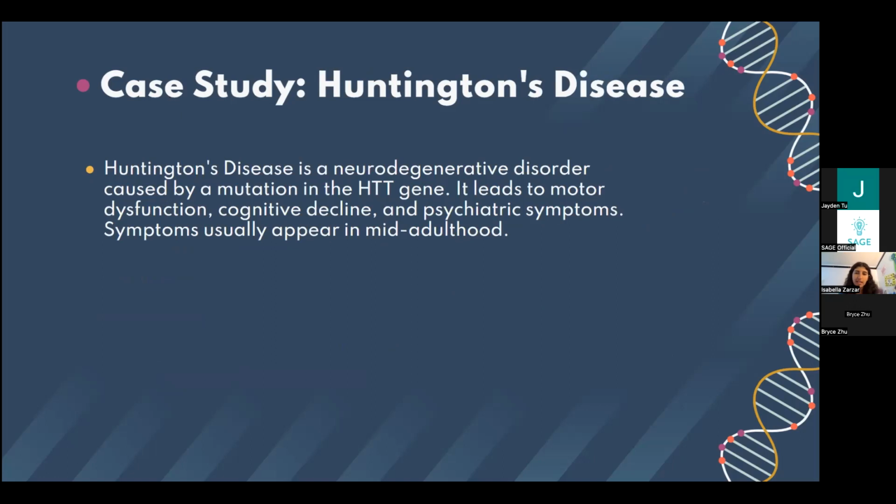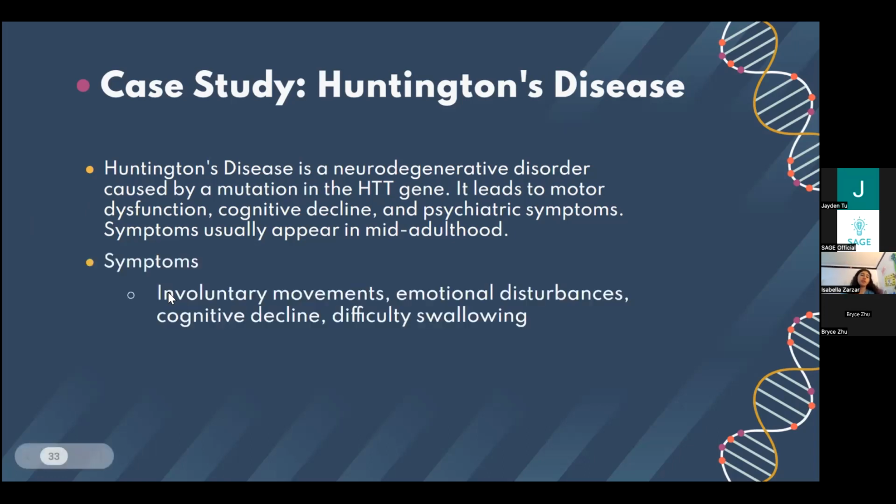Basically, like we talked about with the other genetic disorders, a mutation in this gene causes this disease because certain functions weren't able to work because of the mutation. Symptoms for this one usually appear in mid-adulthood.